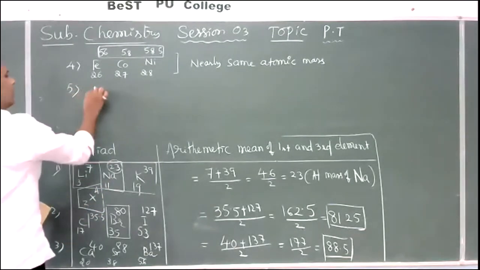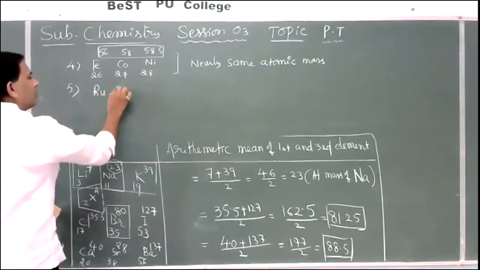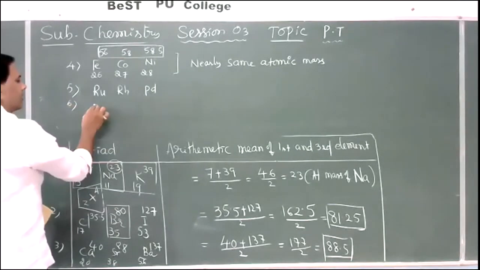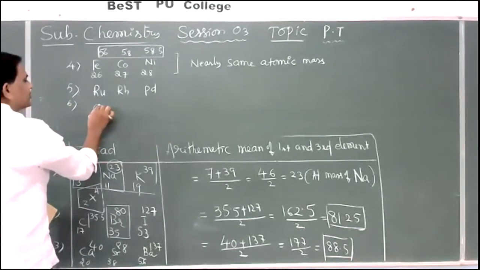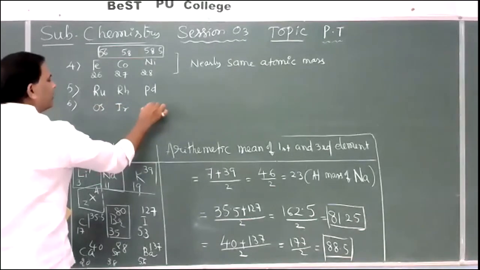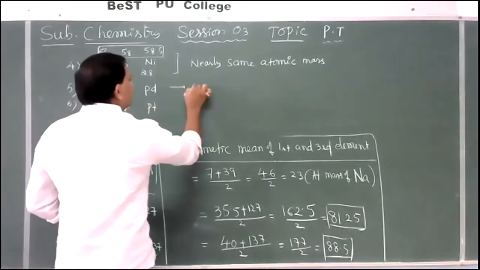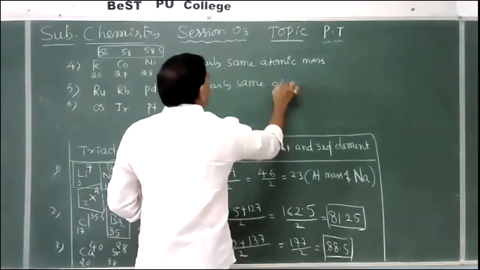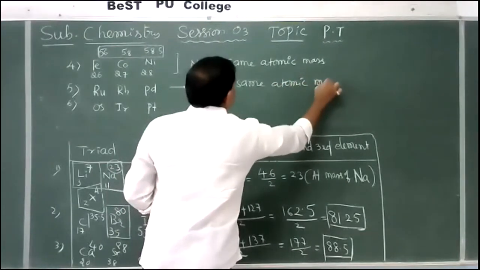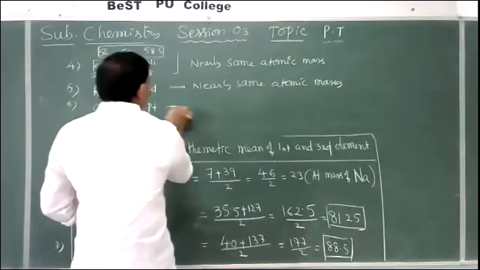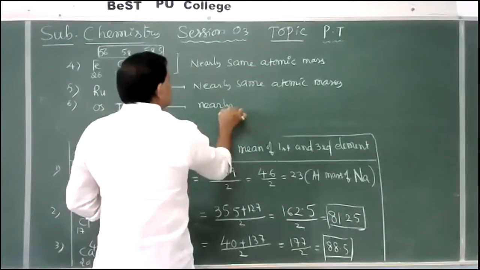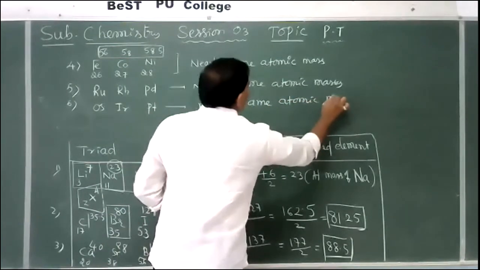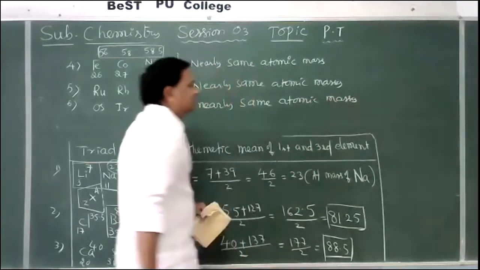Like ruthenium, rhenium, and palladium, and osmium, iridium and platinum, also having nearly the same atomic masses.